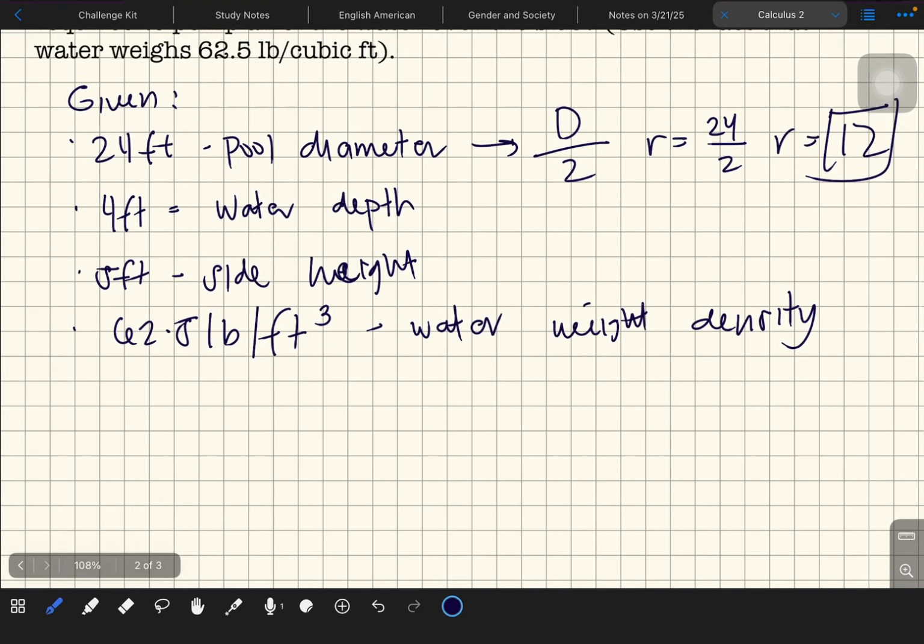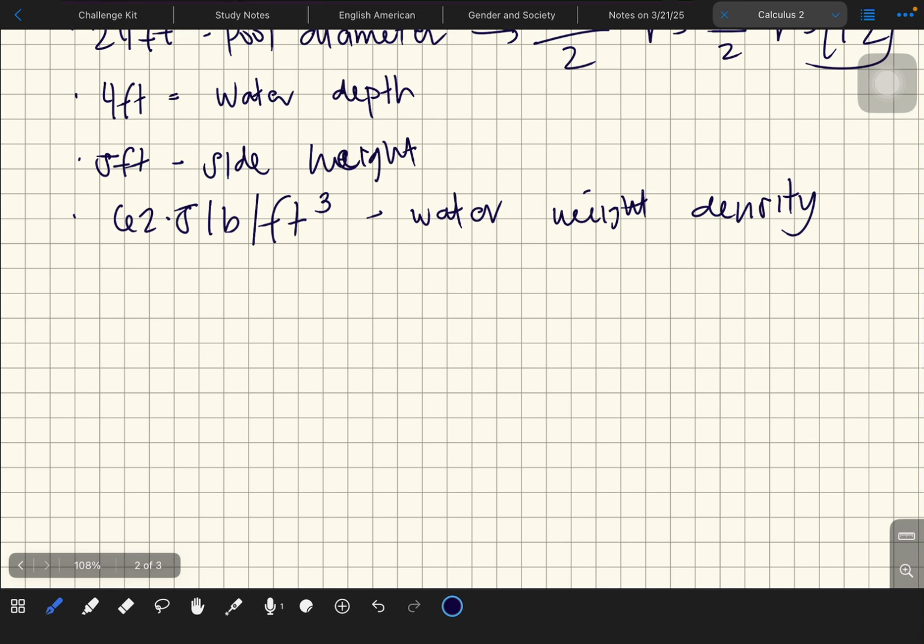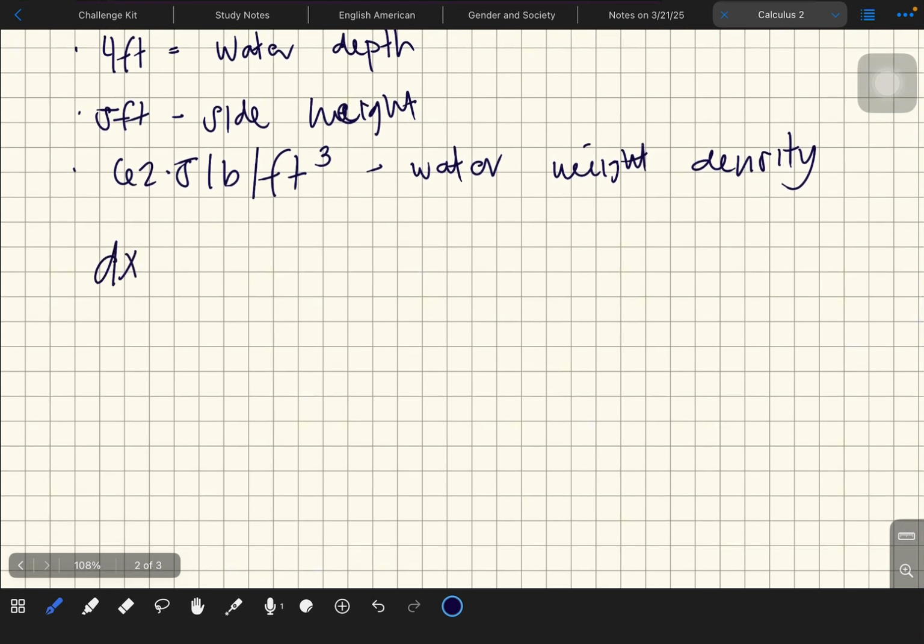So what we are going to do here is consider a thin horizontal slice of water at depth x measured from the bottom of the pool. So we need to take the dx as the thickness of the slice, and then the area of the circular cross section.